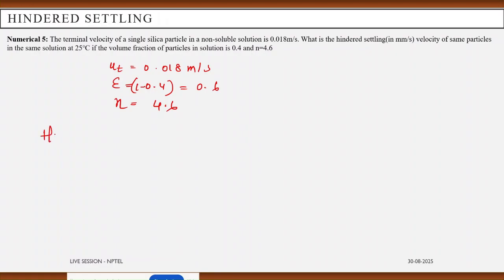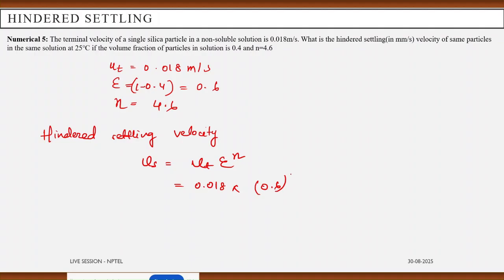Then you have to calculate the hindered settling velocity, which is Us equals Ut times epsilon to the power n: 0.018 into 0.6 to the power 4.6, which is coming around 1.716 millimeter per second.